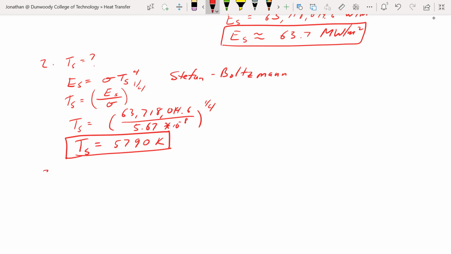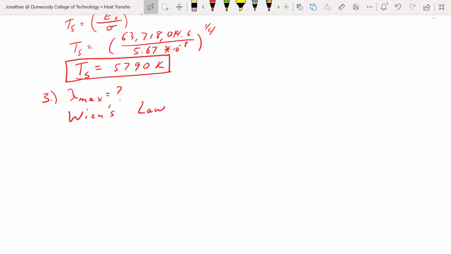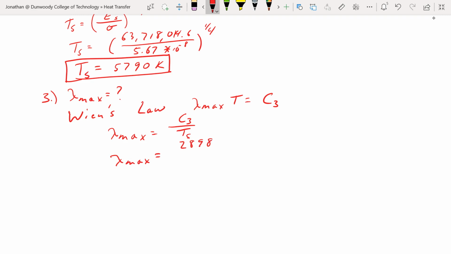Part C, or part 3 as I'm calling it, we're looking for lambda max for the sun. So we're going to use Wien's law, and that was that lambda max times T equals some constant C3. So for solving that, lambda max is C3 over T S for the sun, and C3 was 2898 micrometer Kelvin.